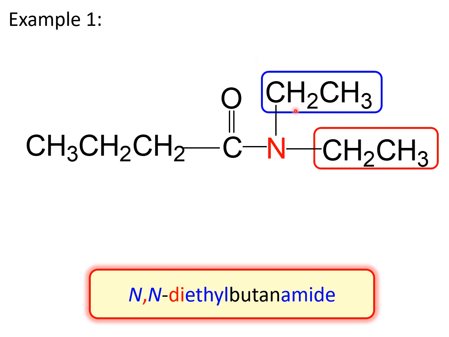In this case, you have ethyl, and both substituents on the nitrogen are ethyls. Okay, never mind, maybe you can see the answer later. So the name would be N, comma, N, dash diethyl, because there are 2 ethyl groups, so diethyl, and then butanamide.